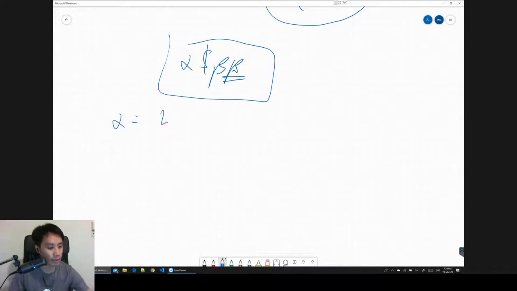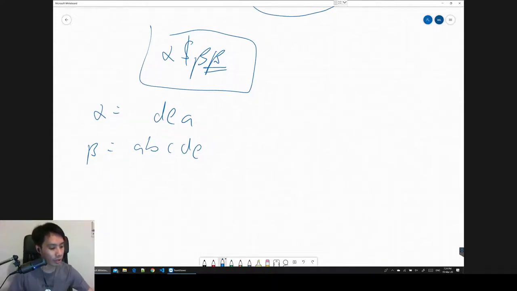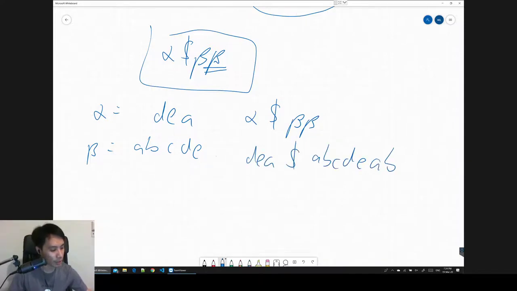For example, if alpha in the example above is D, E, A, and my picker will be B, C, D, E, A. If I were to do alpha, dollar sign, picker, it will be D, E, A, dollar sign, A, B, C, D, E, A, B, C, D, E. And I should be able to find it over here. Right? This is what happens when you do the following.